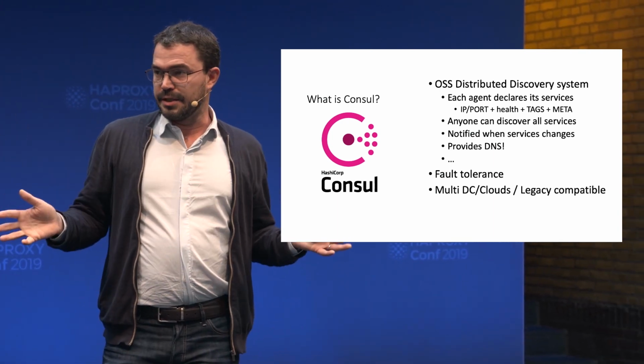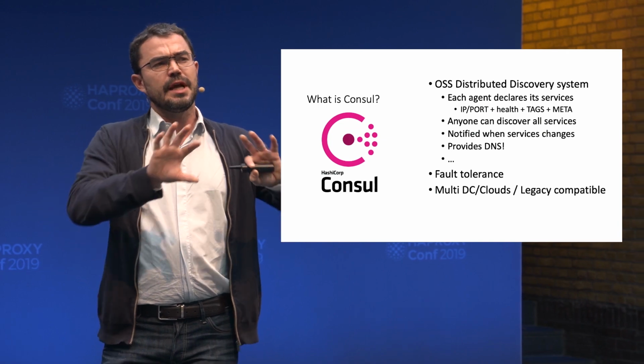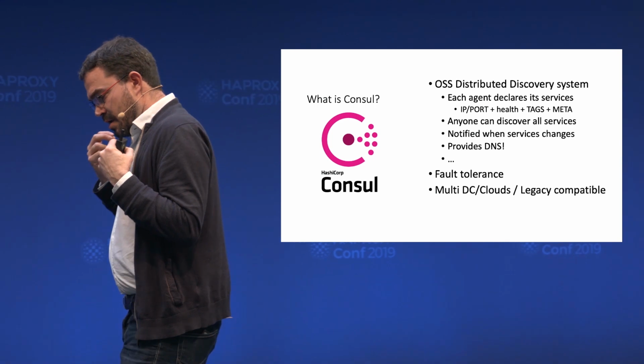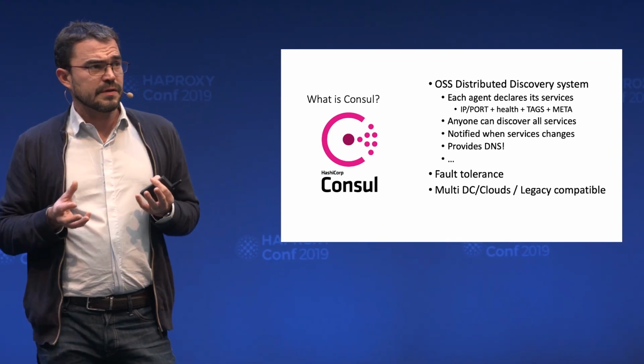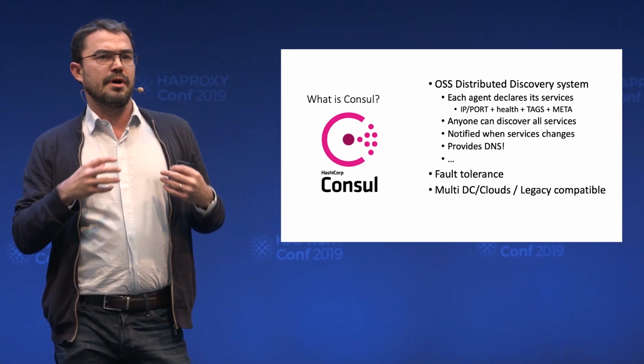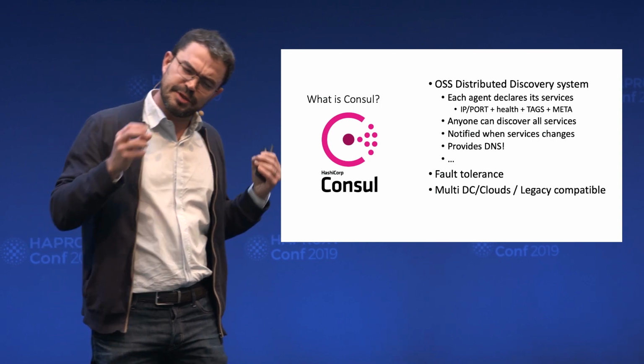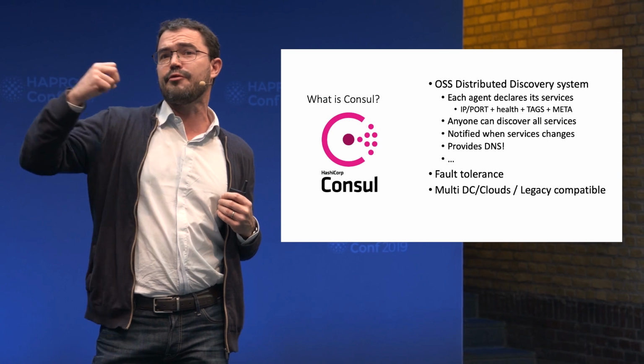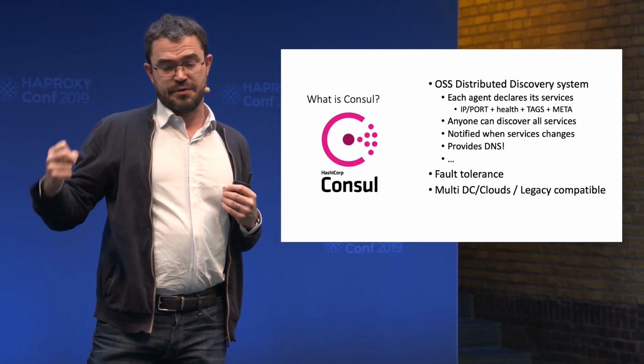When you are deploying Consul, you are basically deploying a Consul cluster, which is a group of servers, in the same way as you could do it for Zookeeper, for instance, but you are also deploying some agents. And those agents are running on every machine at Criteo.